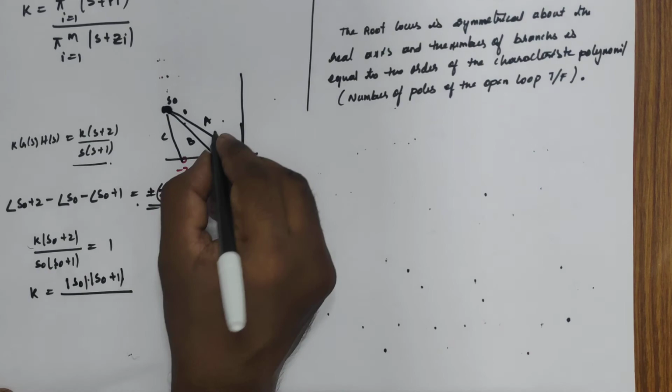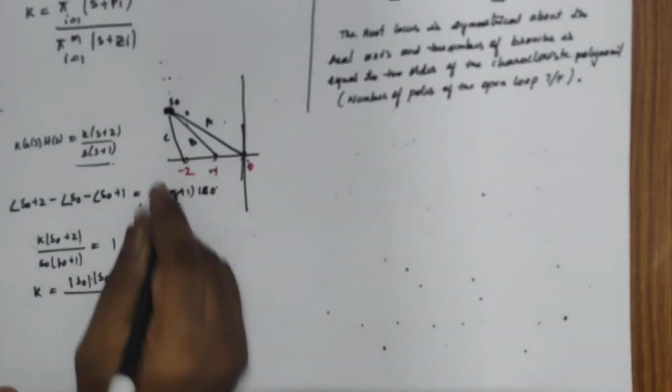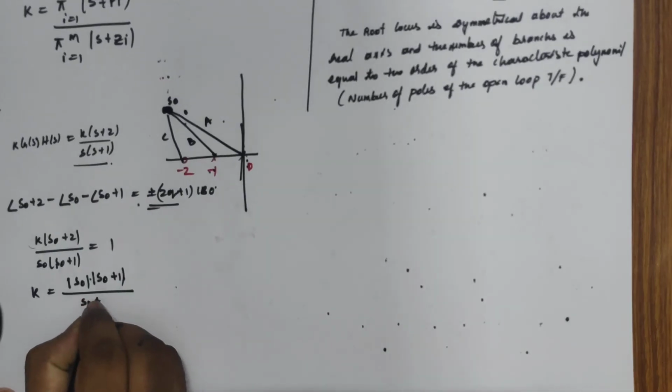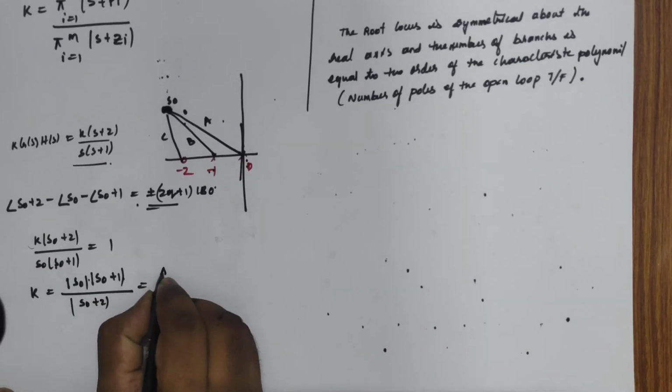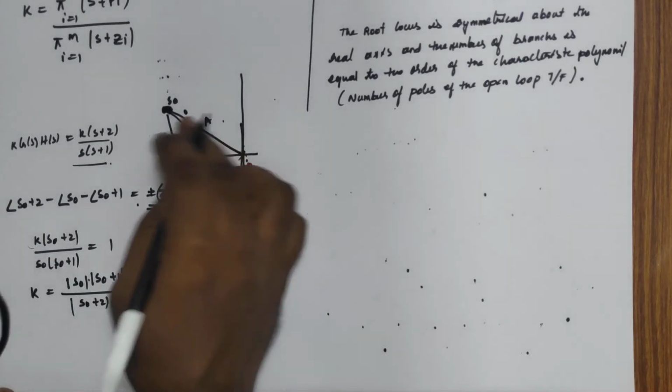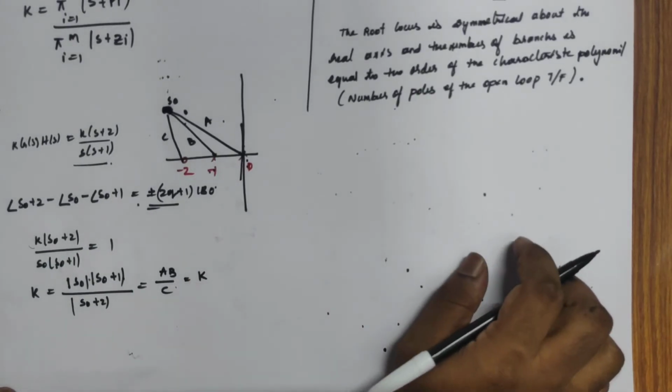So s0 is the distance a, s0 plus 1 is the distance b, and s0 plus 2 is the distance c. Overall I'll have ab by c, so you will find the k value.